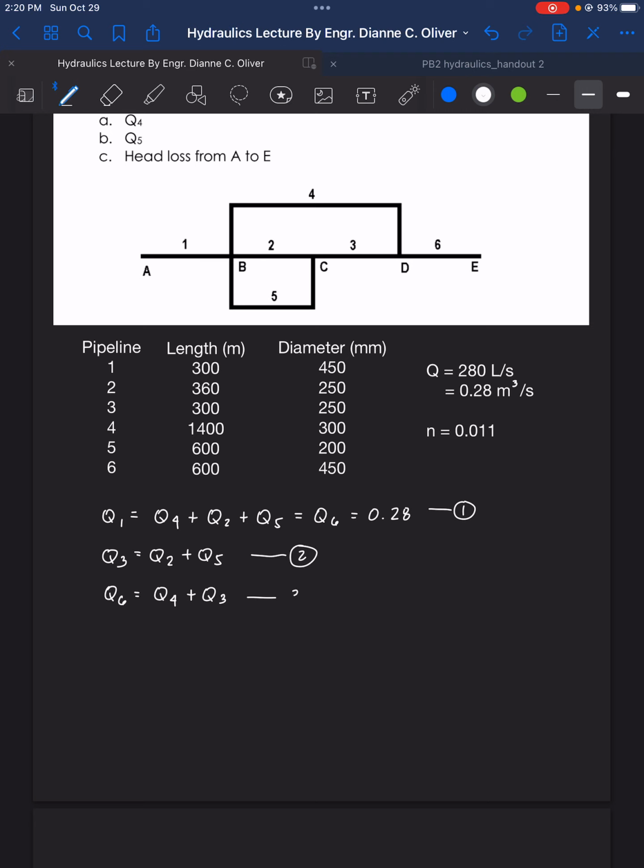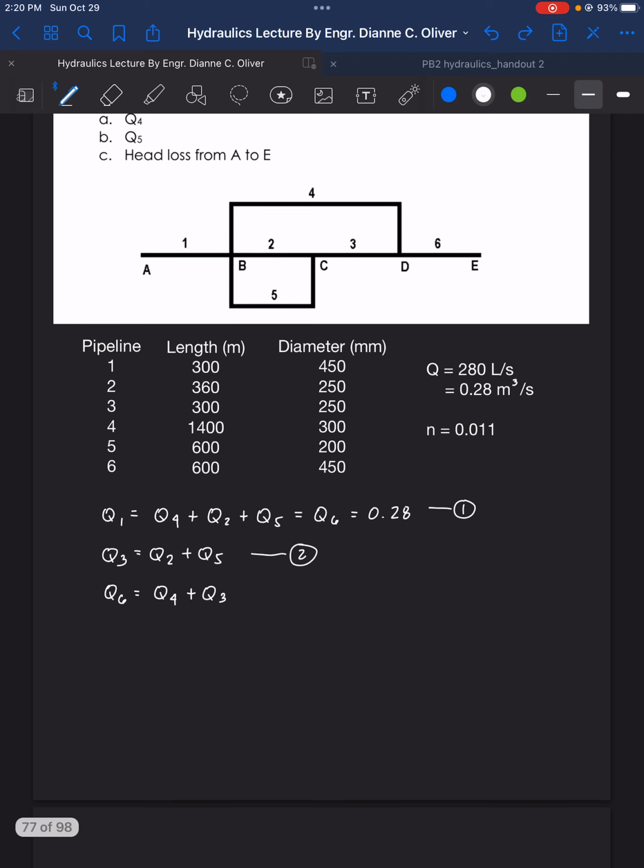So this is equation number 3, and this is equal to 0.28.